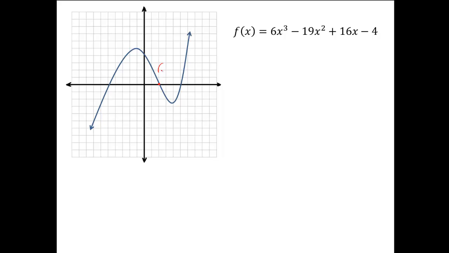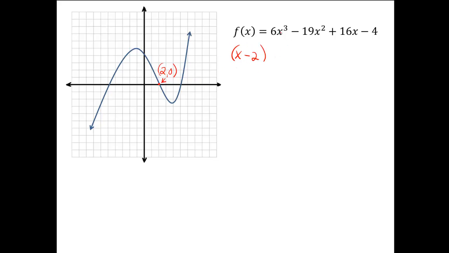So we might assume that through our graph we can see that (2, 0) is going to be one of the answers to our polynomial here. Now (2, 0) can be written as x minus 2, correct? Because x minus 2 would indicate that if you plug in 2 for x, we get a 0 value.